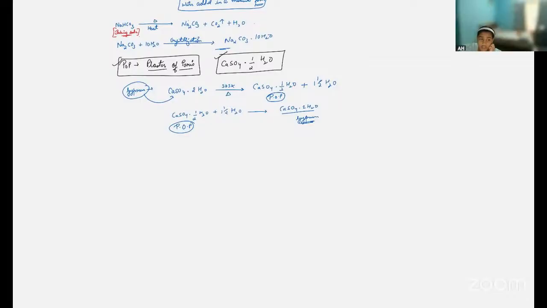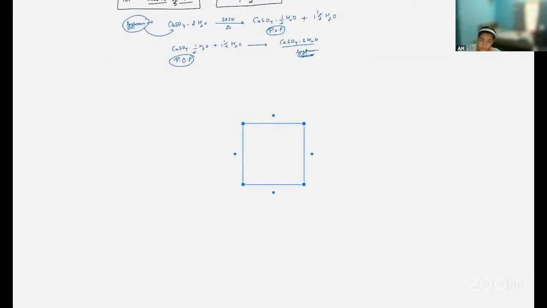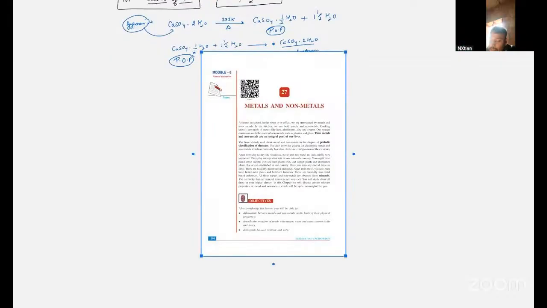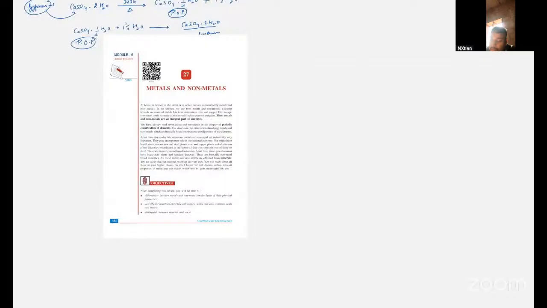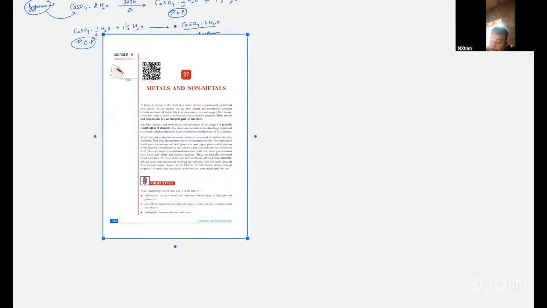We have to heat these two substances together to get the final one. Guys, got it? Yes, sir.